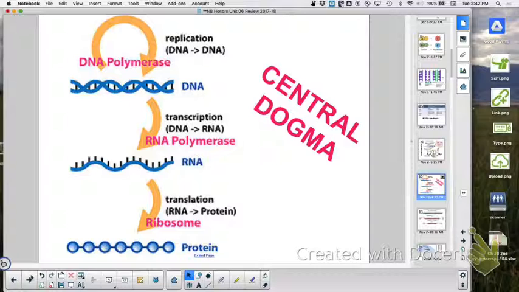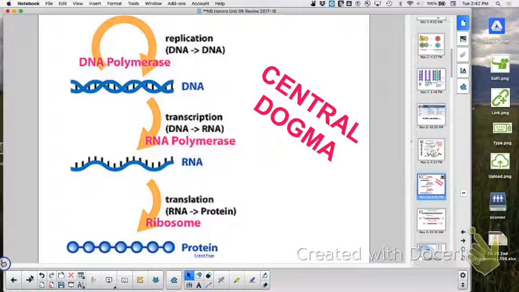DNA just making more DNA when you're getting ready to do mitosis or meiosis, that's just called replication. When you use that DNA to make an RNA strand and use that RNA to build a protein, then the DNA is dictating what that protein is via the mRNA, right?